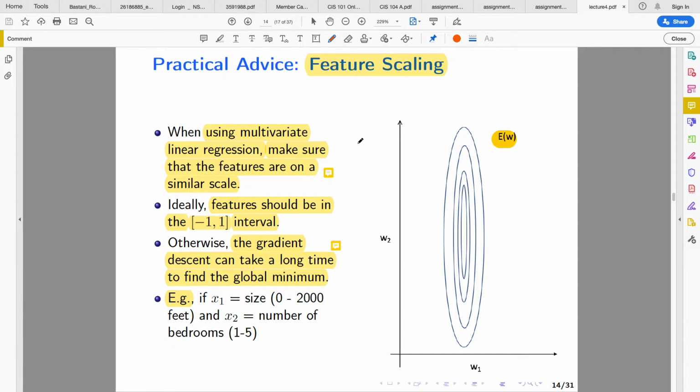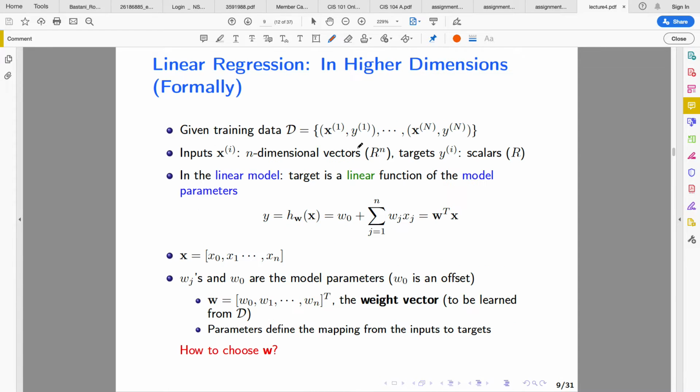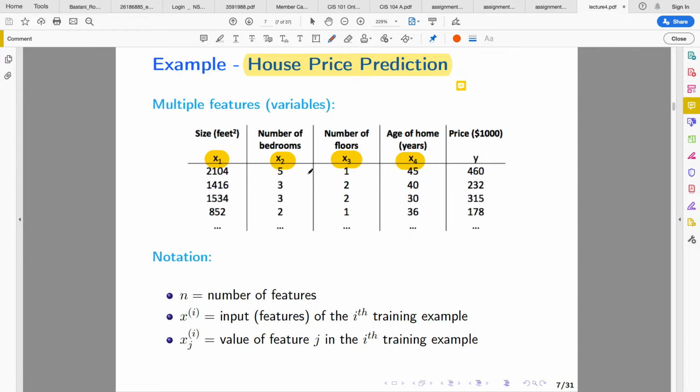Feature scaling matters when you have more than one variable, because the values of each of the variables can vary significantly. So we want a situation whereby the values of the variables are within the same upper and lower range. For instance, the number of bedrooms might have a minimum of 1 and maybe a maximum of 5.